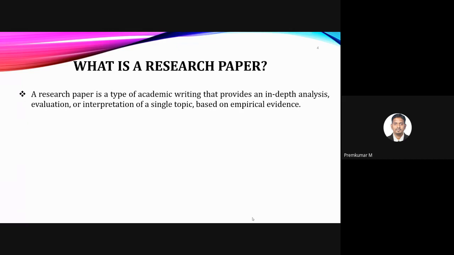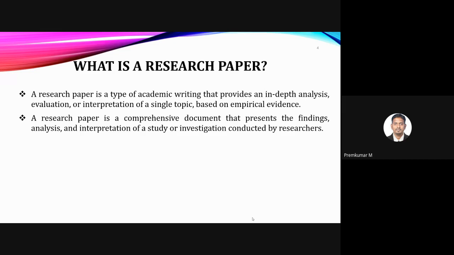A research paper provides in-depth analysis, and evaluation is done. The interpretation is done through simulation results or experimentation results. Because of that, a lot of impact is there for research papers.